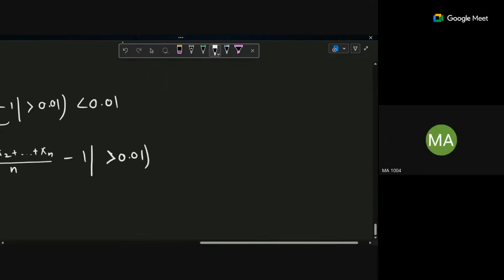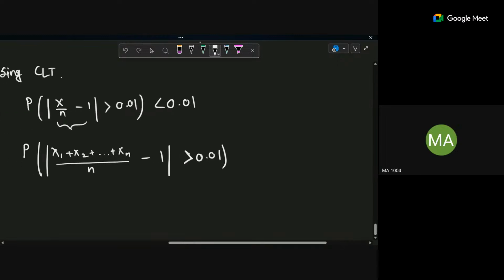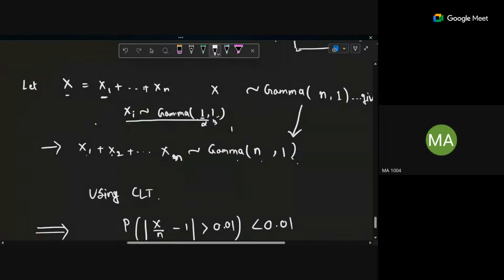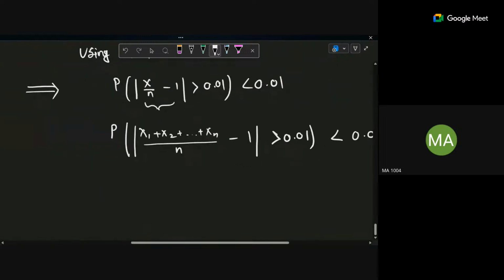Yes, ma'am. Okay, then why? The reason is I have assumed that X is X1 to Xn, and the given information that capital X is following gamma n comma 1 has validated it, right? So I can write the sum of Xi's in place of X.